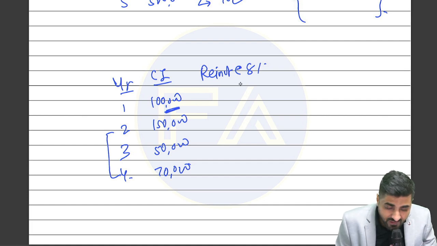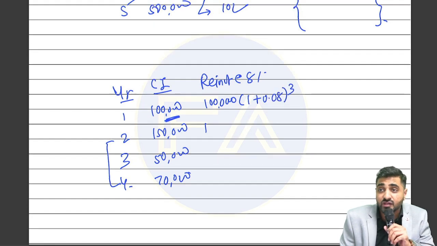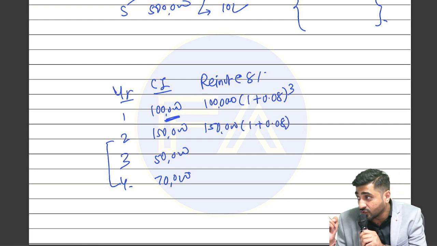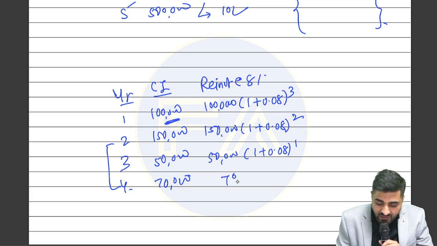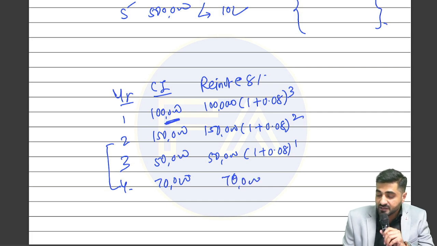So this 1 lakh will now be taken as 1 plus 0.08 raised to the power 3. Then again 1,50,000 which I am going to get, that I will reinvest for the remaining period of how many years? 2 years. So that will be squared. 50,000, then I will reinvest it for 1 year. And this 70,000 is anyway received at the end of the 4th year, so there is no scope of reinvestment.